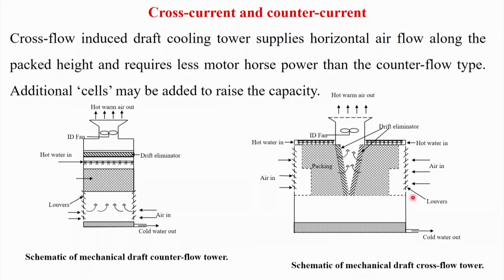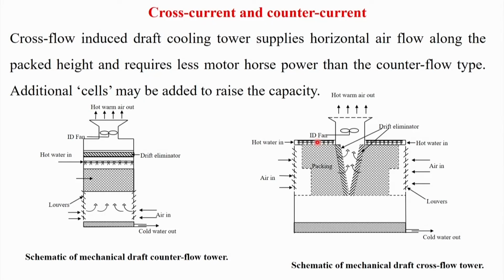But in the case of the mechanical draft cross flow cooling tower, the air comes in through the louvers from both sides, but the water is sprayed from the top, and it is not continuous.